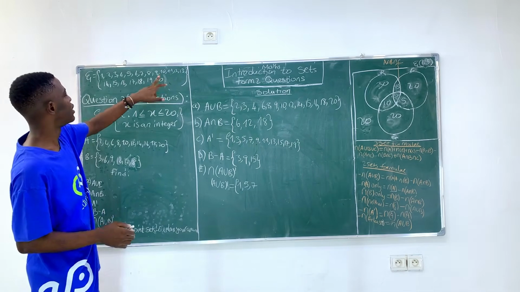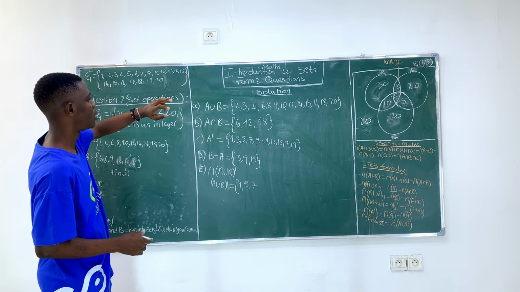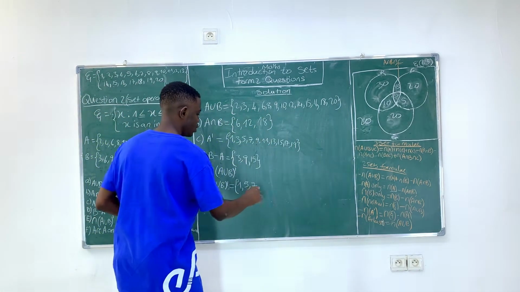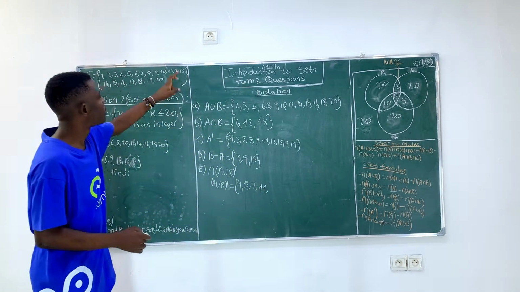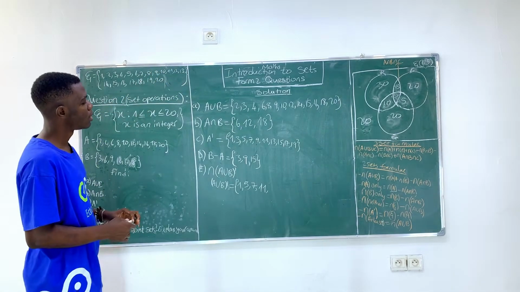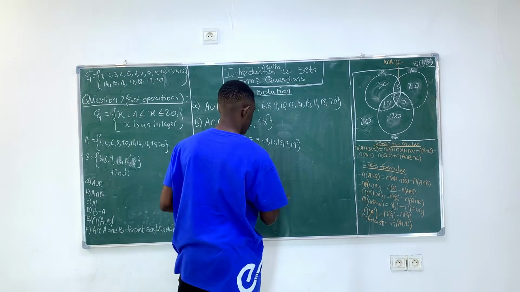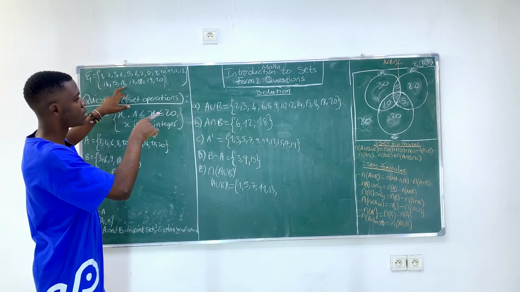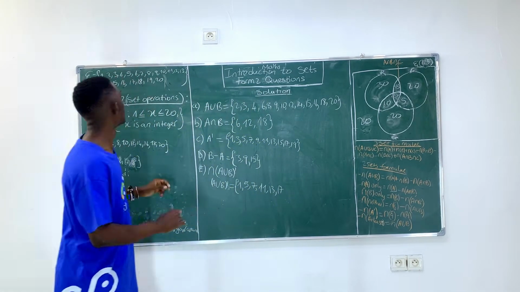Let's continue. 8 is there, 9 is there, 10 is there, 11 is not there. There's no 11 here. 12 is there, 13 is not there. There's no 13 here. 14 is there, 15 is there, 16 is there, there's no 17. 18 is there.